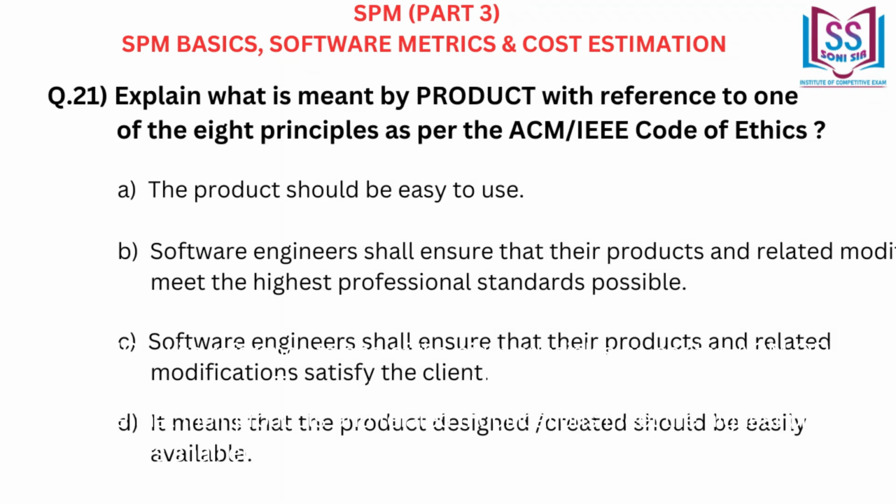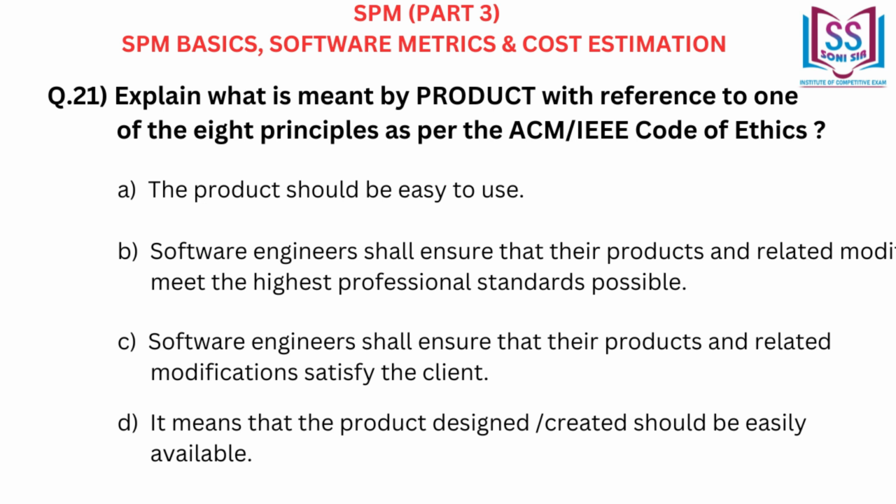Explain what is meant by product with reference to one of the 8 principles as per the ACM or IEEE Code of Ethics. A. The product should be easy to use. B. Software engineers shall ensure that their products and related modifications meet the highest professional standards possible.